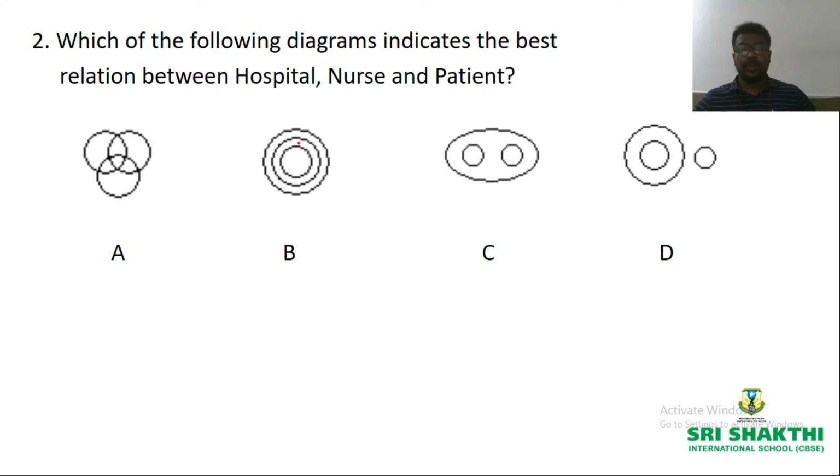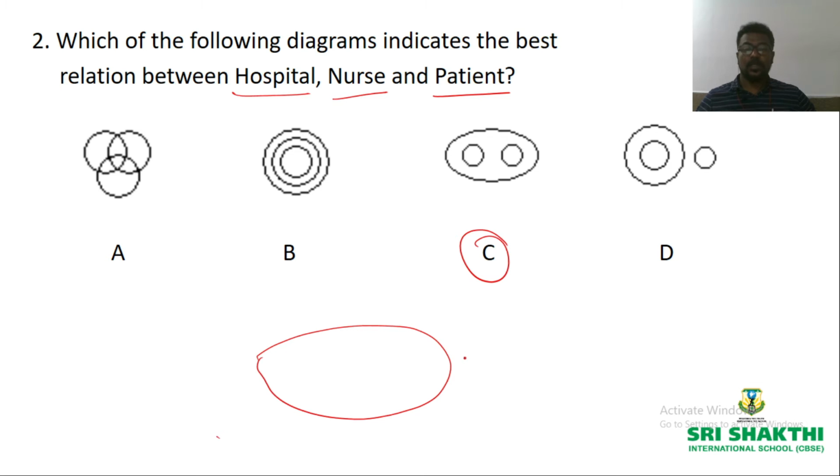So here they are representing three words, which are nothing but hospital, nurse and patient. So which option will be apt for this question? Yes, obviously it will be option C. Why option C? Hospital will be a common circle, but we cannot interlink nurse and patient.